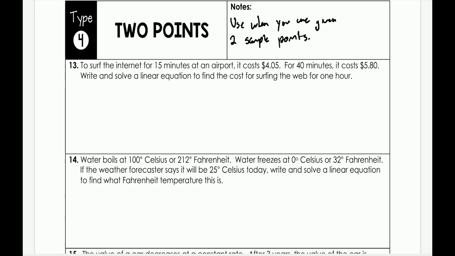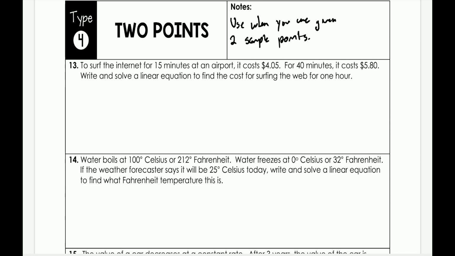Really what we need to do is determine what our 2 data points would be. Use that to figure out how much they charge us per minute. And then use some of the data to determine how much the total price would be. Okay, so let's go ahead and try this.